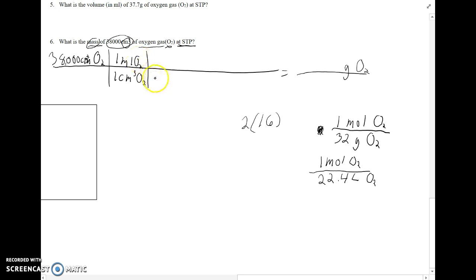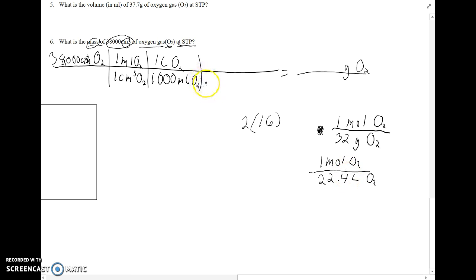All right, and then there are 1,000 milliliters of oxygen gas in 1 liter of oxygen gas. Now you could just say that there's 1,000 centimeters cubed in 1 liter of oxygen gas. That would work as well. All right, so now I'm in liters, and now I can plug in this conversion factor.